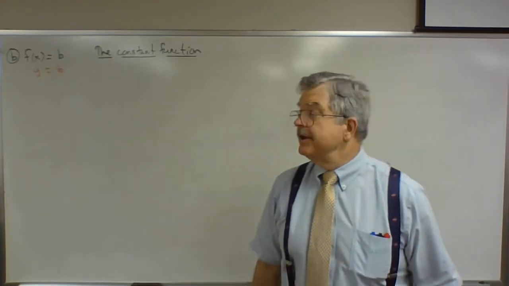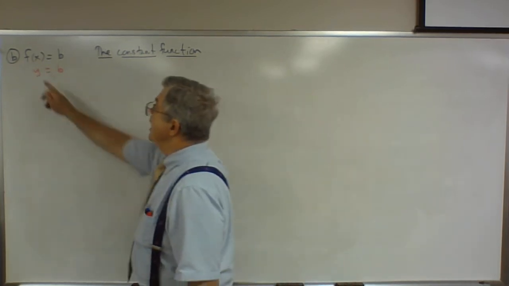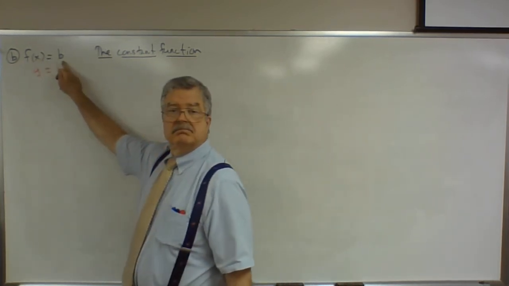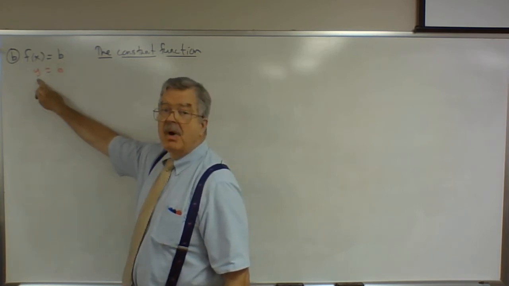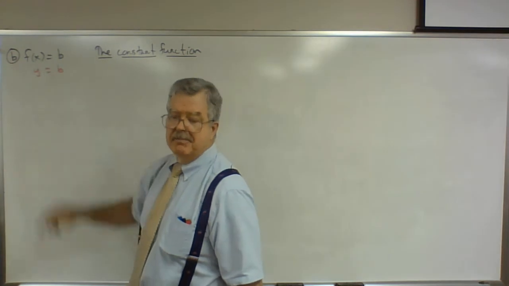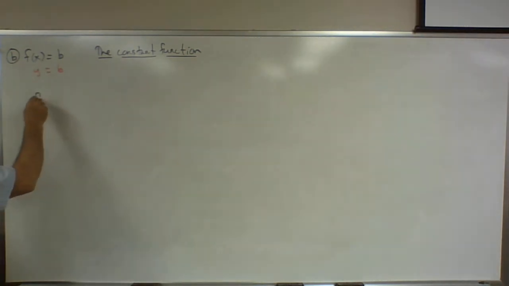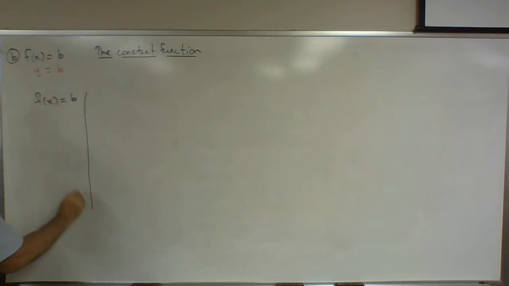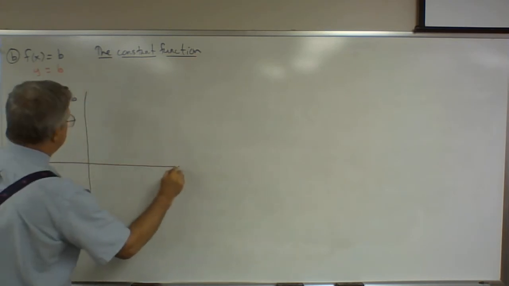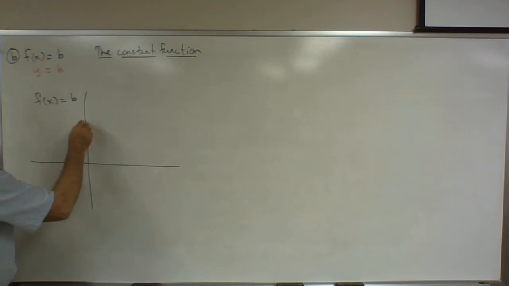The next function in our library is the constant function. F of x equals some constant b. And that's the same as y equals some constant b. So here's the key. We find this point B on the y-axis.